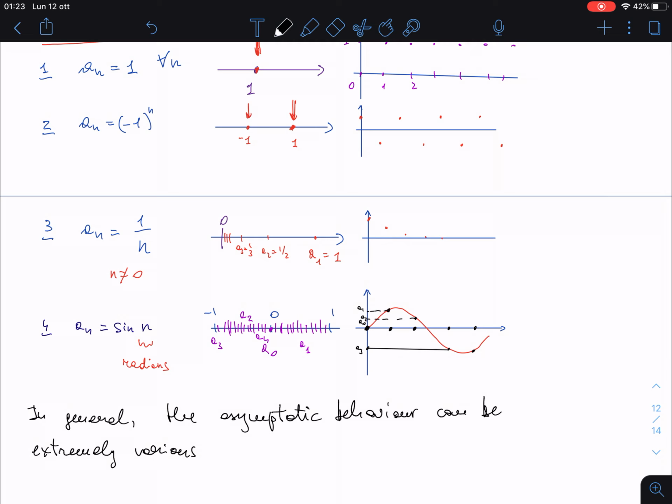And I will add this word, which is somewhat strange in this context, but I would say unpredictable. But there are some particular cases in which the asymptotic behavior can be described quite easily.